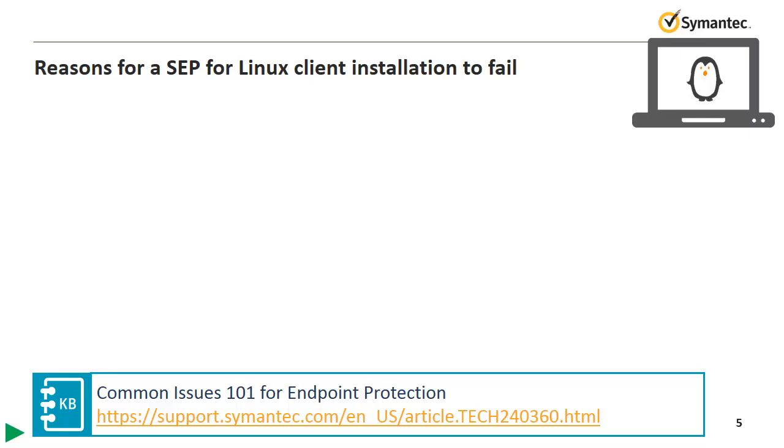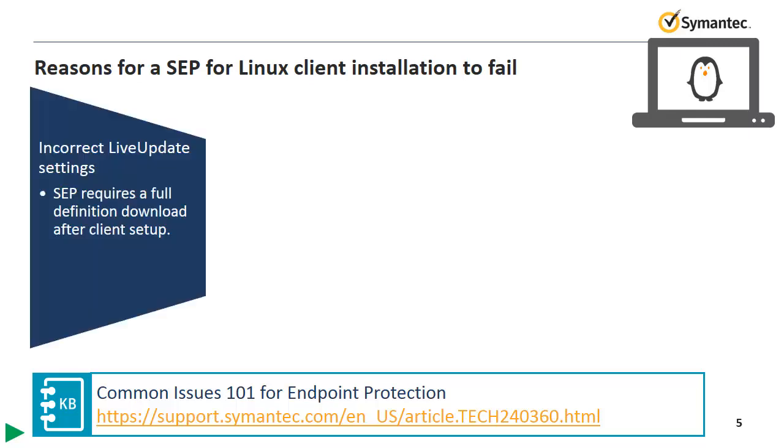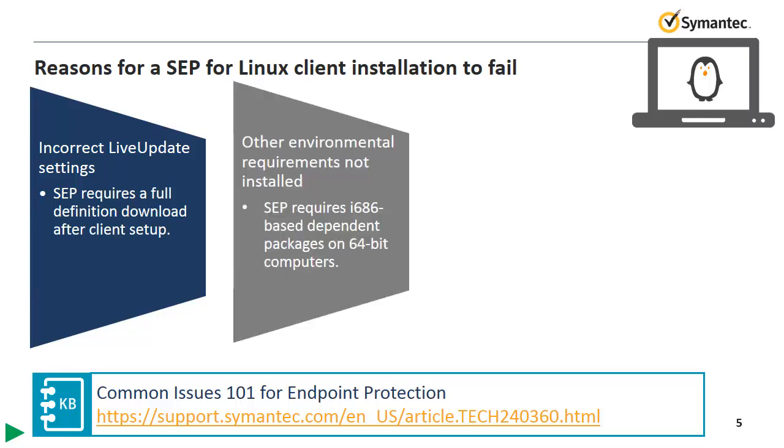Reasons for a failed SEP for Linux client installation include incorrect LiveUpdate settings, which cause the client to fail to download virus definitions. As the install package does not contain virus definitions, the client continuously malfunctions. Another cause is missing environmental requirements. An example is i686 base-dependent packages for 64-bit computers.